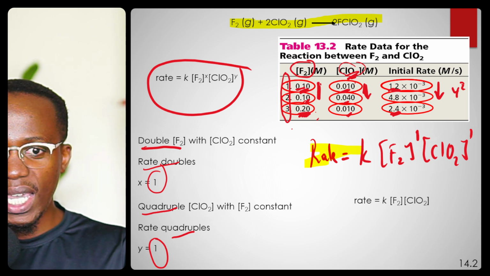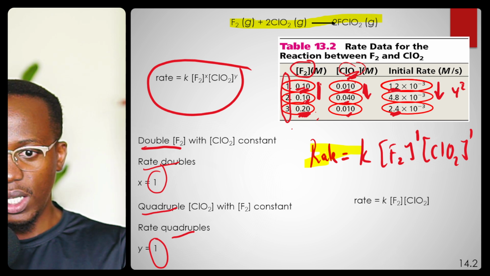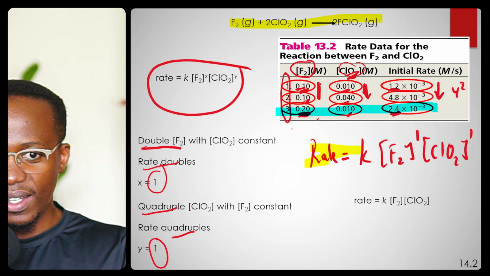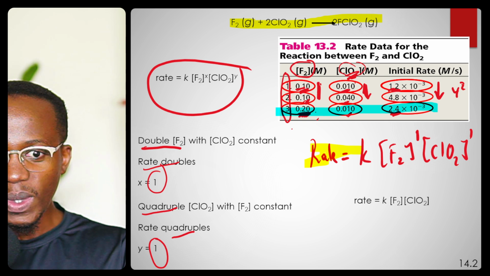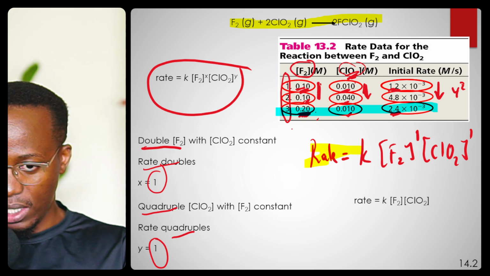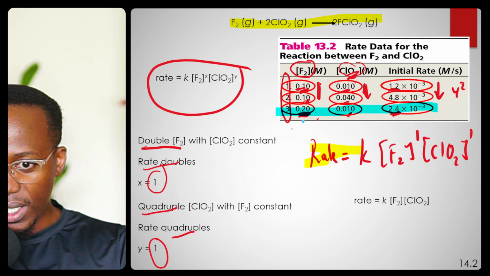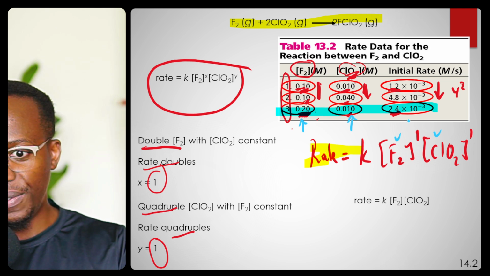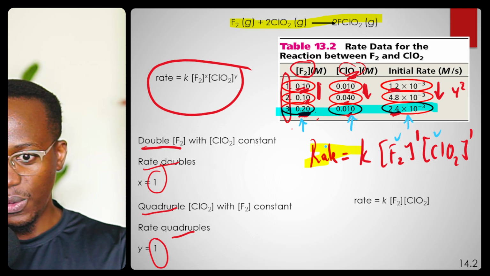If we pick any line from my experiments, it will have this concentration, and this concentration, and it will have the rate, which is this.